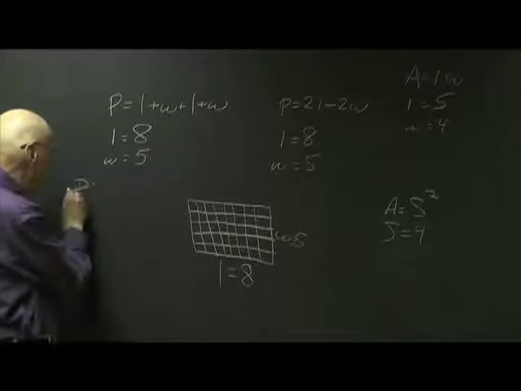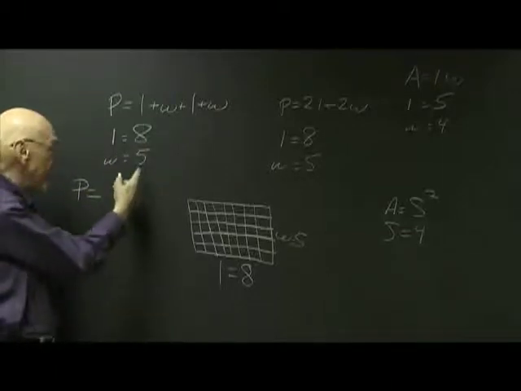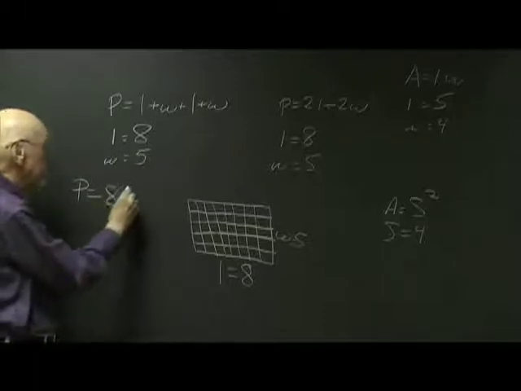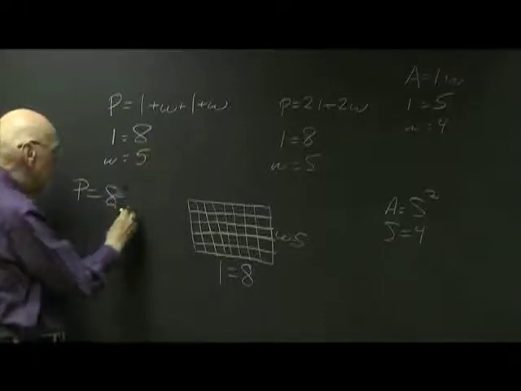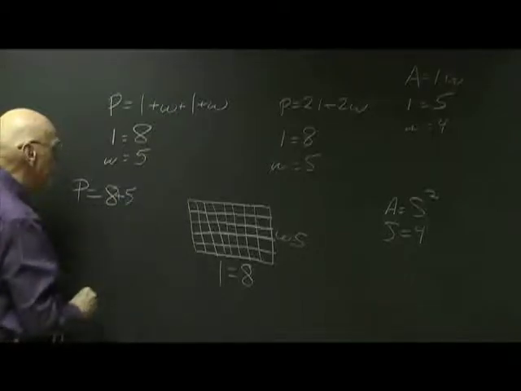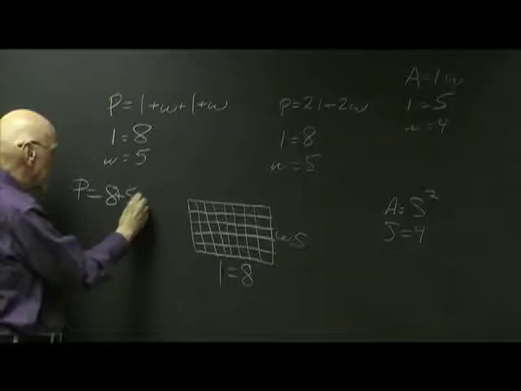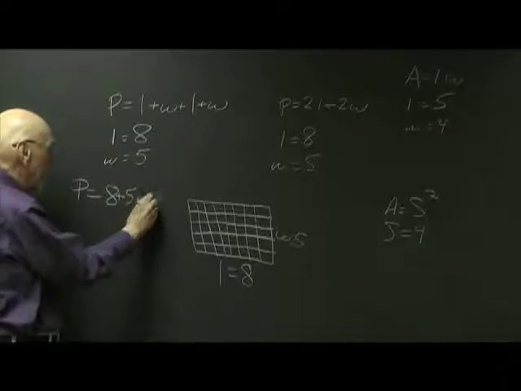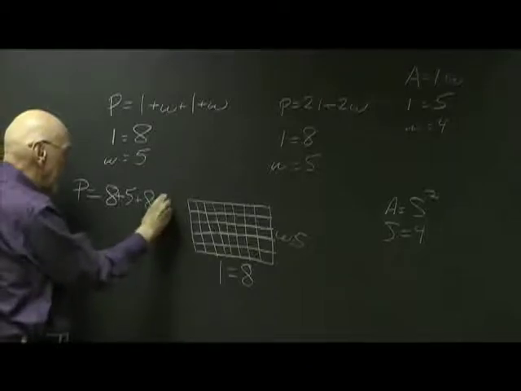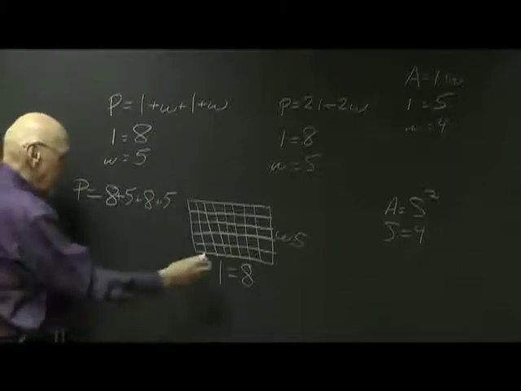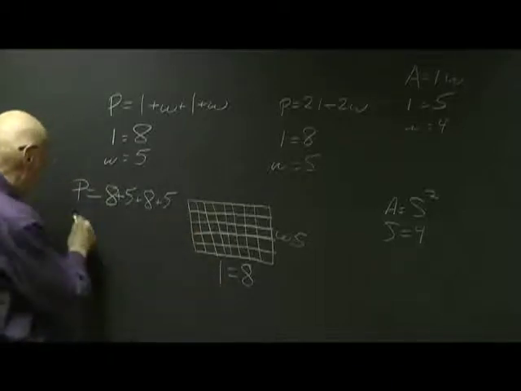So P equals, where it says L, we put an 8 because L is 8. Then there's a plus sign. Where it says W, W is 5, we'll put in 5. Where it says L again, L is still 8. And there's another plus sign, and width is still 5. So 8 plus 5 plus 8 plus 5, the distance around.